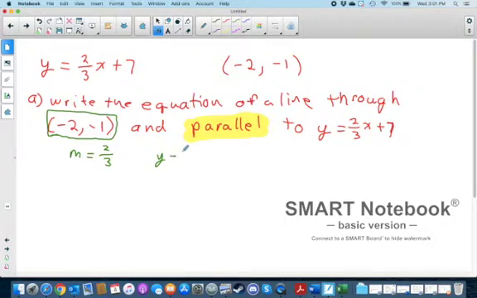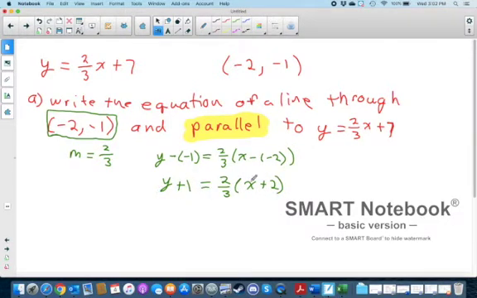So that would be y minus y1 equals my slope, x minus x1, and this simplifies down to y plus 1 equals 2/3 (x plus 2). And this is an acceptable way of writing the equation. If we wanted to write it in slope-intercept form, we could do that as well. But this is just one way for us to write down the equation.